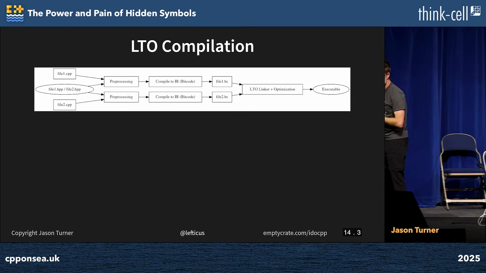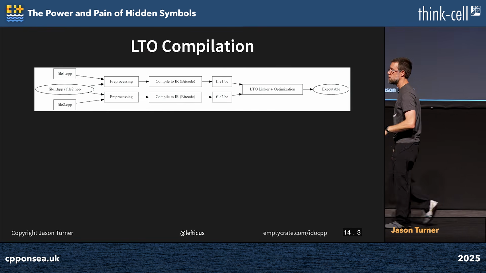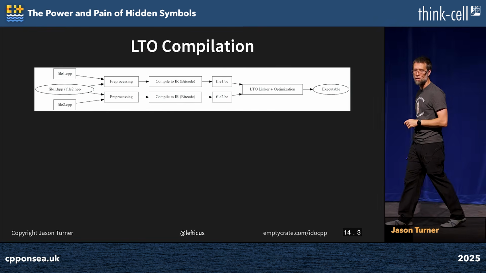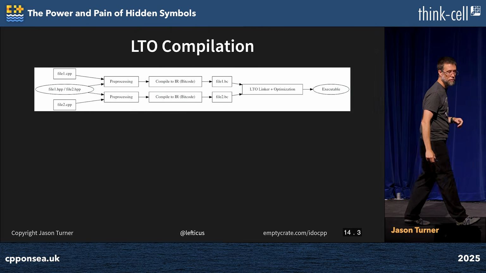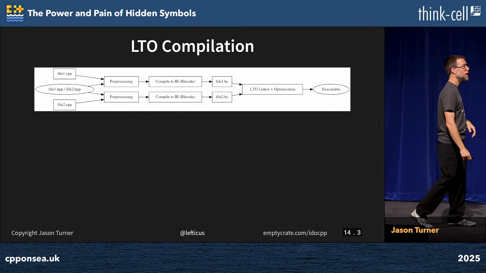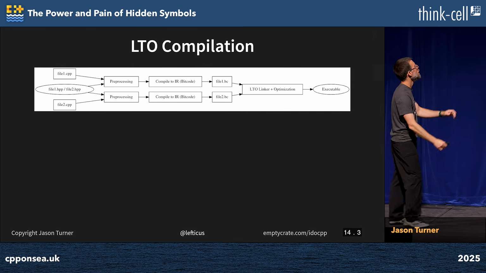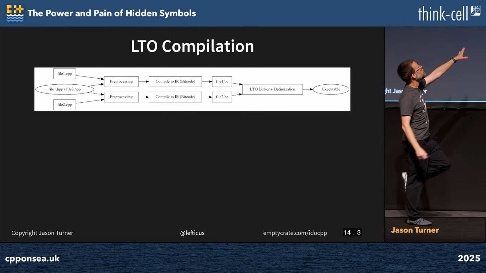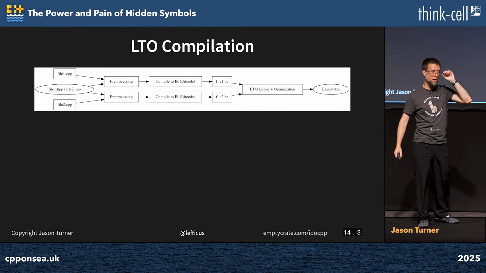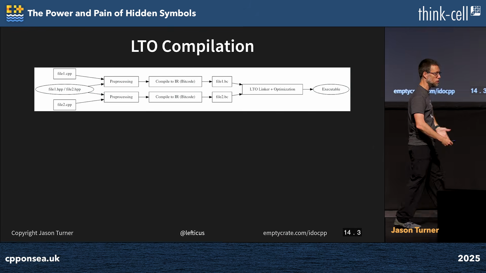This is the link time optimization model, which is also called whole program optimization. There are a few different terms that are used. Oh, LTCG, link time code generation. Okay. And now this is going to be compiled to some sort of intermediate representation that is system dependent, but it is not an executable binary.